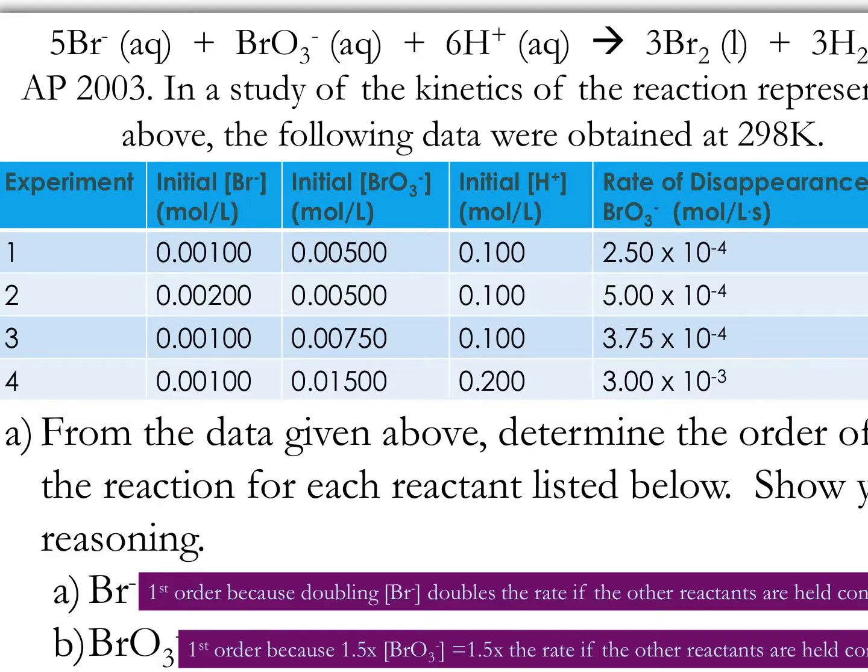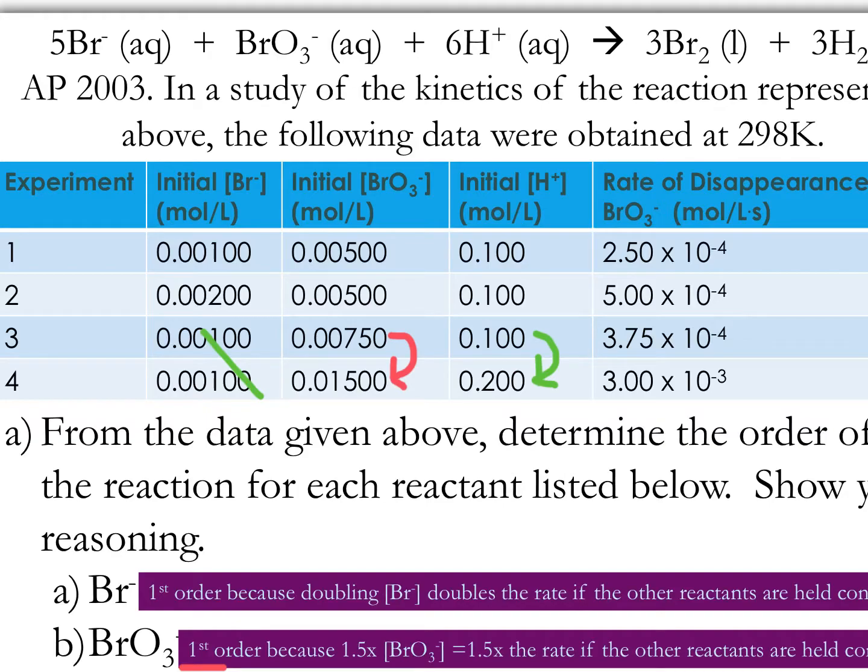So I'm looking for a time in which hydrogen changes and maybe only one of the other ones changes. So let's look here. Okay, from here to here, hydrogen doubles and bromide is kept constant. So if we look at bromite, it also changes, unfortunately. So let's take this into account first, because we already know bromite is first order.